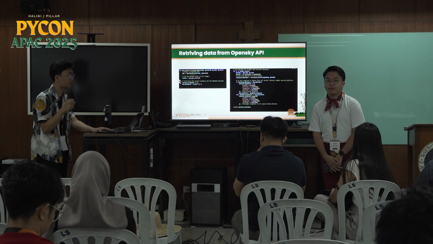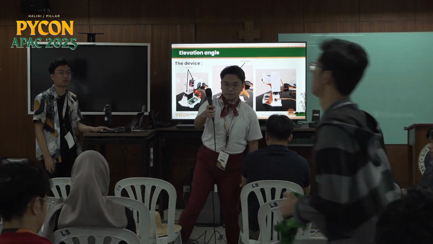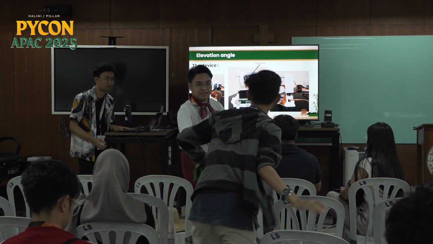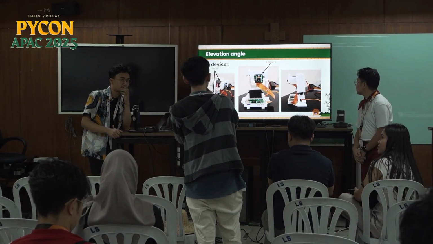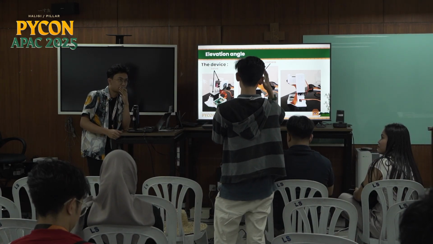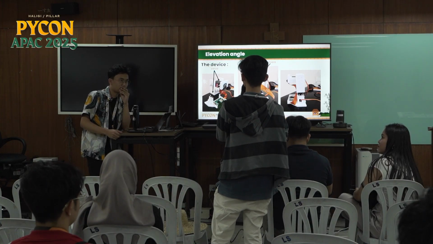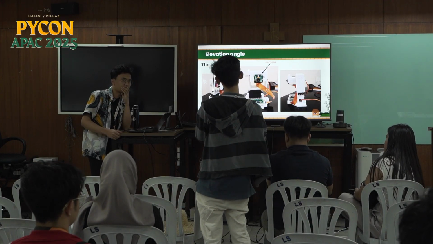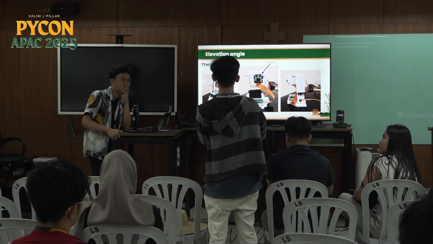Do we have any more questions? Okay, I have a question. You explained to us the compass bearing, and what we get from the API, which is basically a bunch of numbers. I'm very interested in this project.